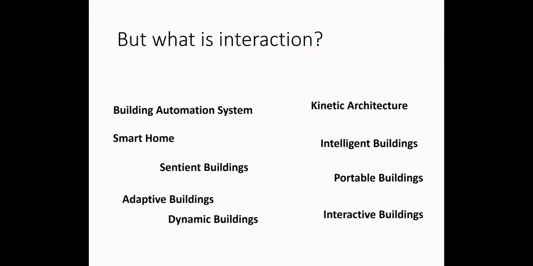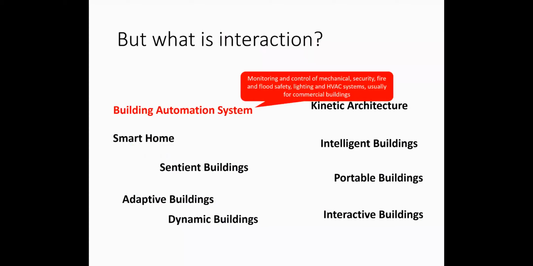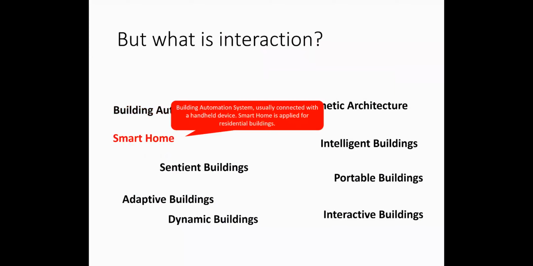In the past years, we have collected many concepts and terminologies about what interaction or these kinds of systems could be. For example, we have building automation systems, which means monitoring and control of mechanical, security, fire, and flood safety systems, usually applied to commercial buildings. We have smart homes, which are building automation systems mainly for the residential area.